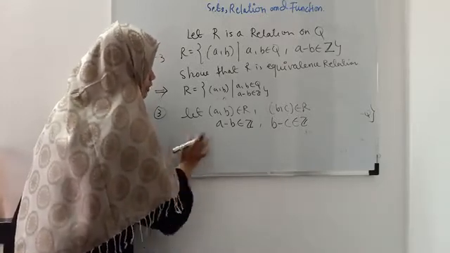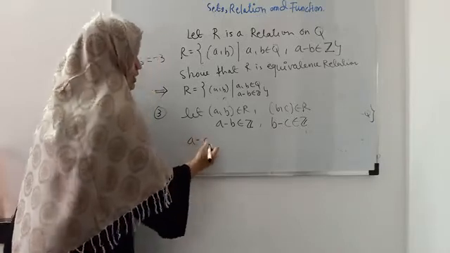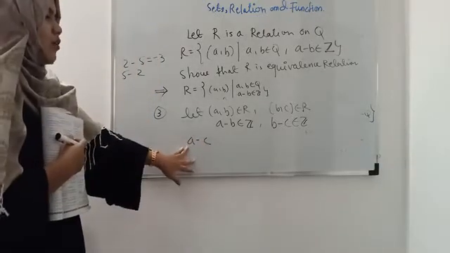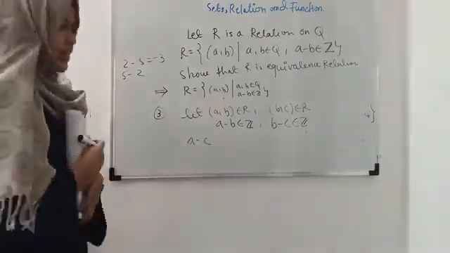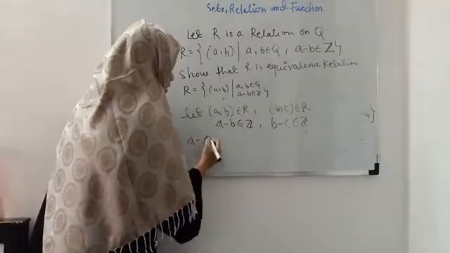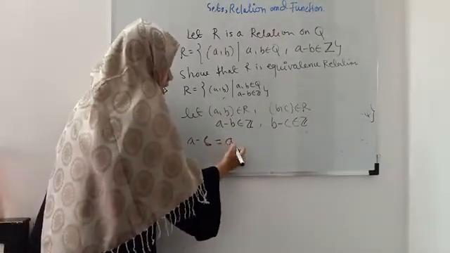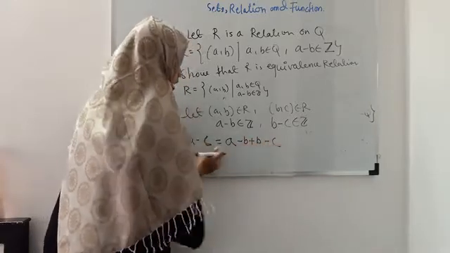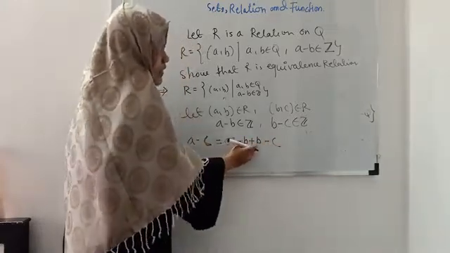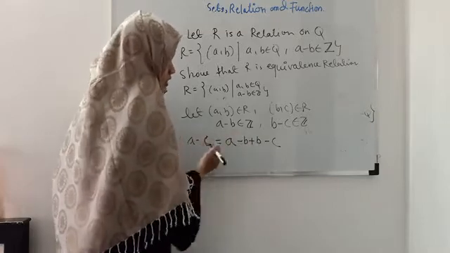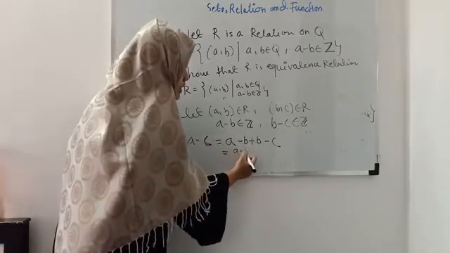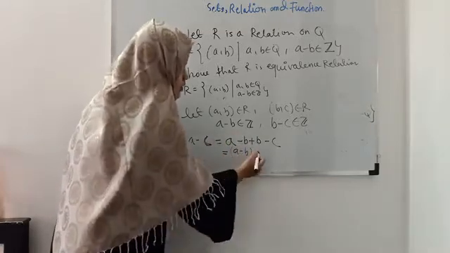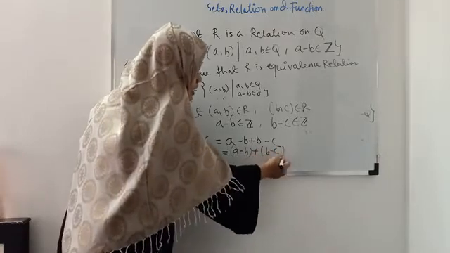That means we have to look at a minus c. What we have to show is that it belongs to Z. So a minus c can be written as (a minus b) plus (b minus c). I have added b and subtracted b here. From here you can take a minus b together and b minus c together.